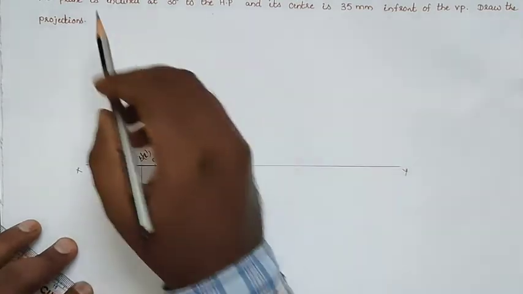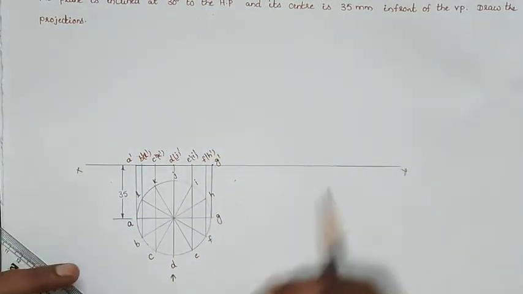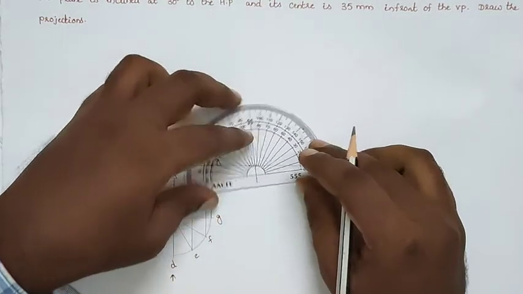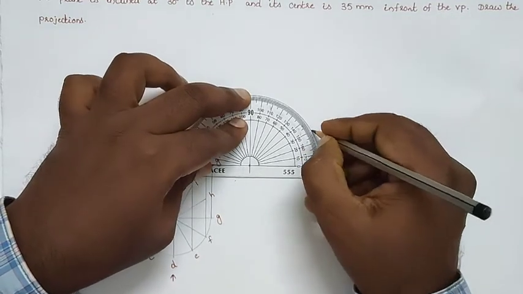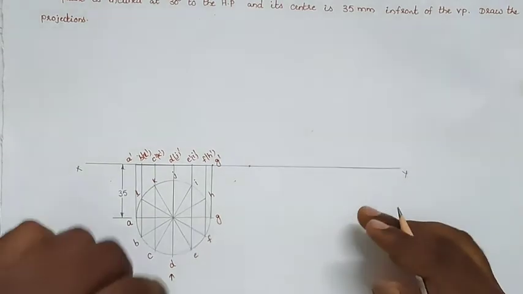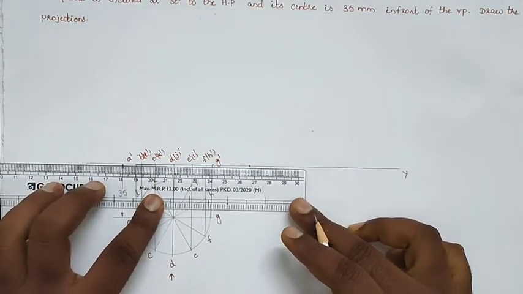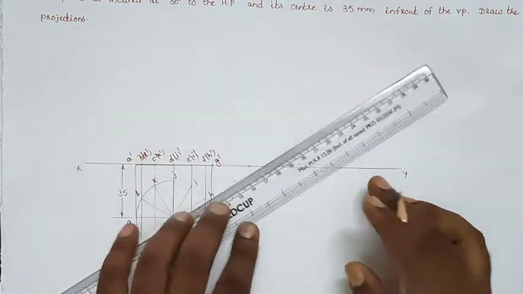And coming to the second one, the surface inclination is 30 degrees. So locate a point, take some distance and locate a point on the reference line, and we will draw an angle of 30 degrees. So tilt this first front view with an angle of 30 degrees. The circumference of the circle, we know, is always 50.